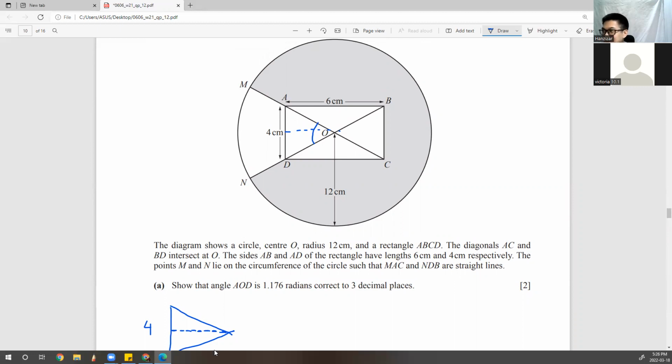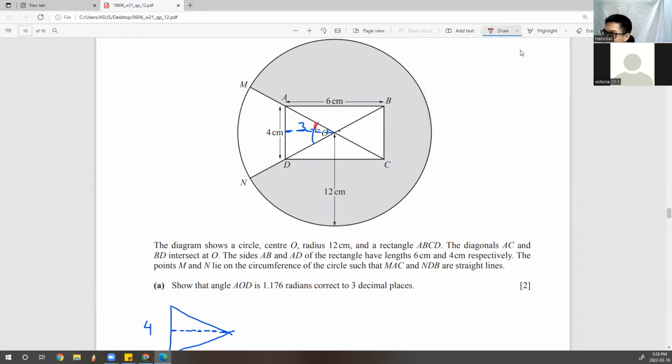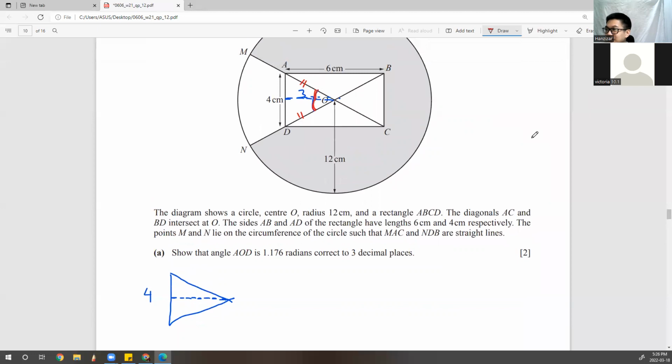That's nice. So it is 3. And it will divide the angle equally. Why? Because it is the middle point of the diagonals. Okay, so this also becomes 2, right?